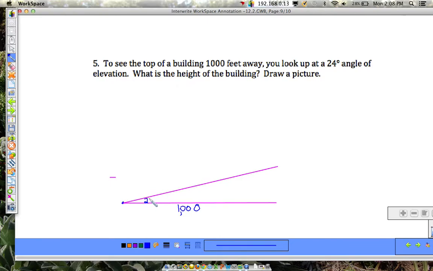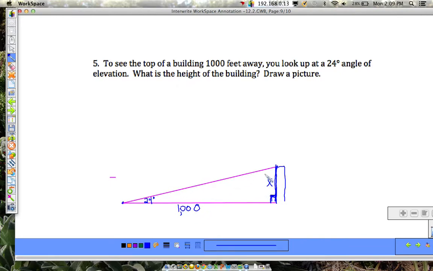What is the height of the building? Here's my building, and I know I have a right triangle here because buildings are perpendicular to the ground. So it looks like I'm trying to solve for this height.